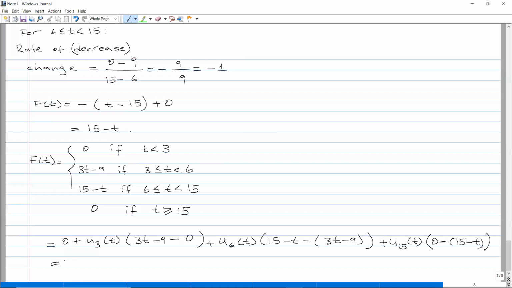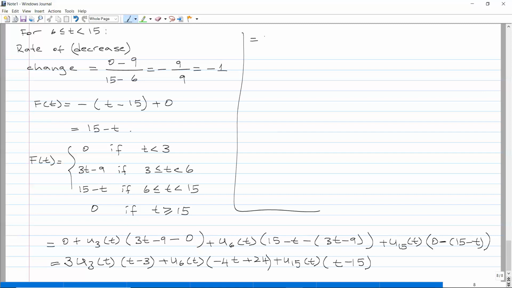So this is, okay, from 3t minus 9, if I take out 3, 3 u3 times t minus 3, plus u6 times minus t minus 3t, minus 4t, 15 plus 9, plus 24, plus u15 times t minus 15.